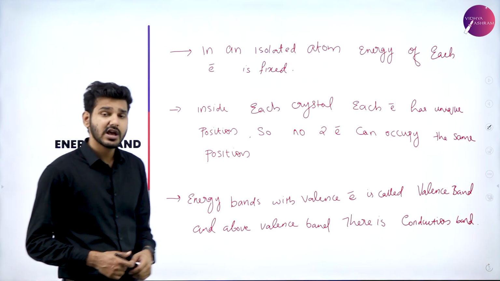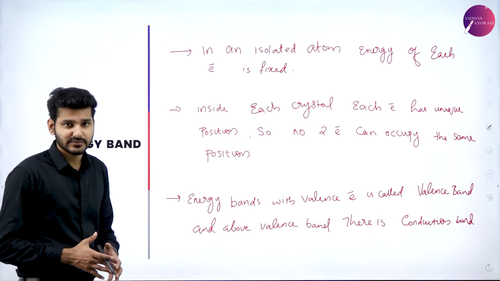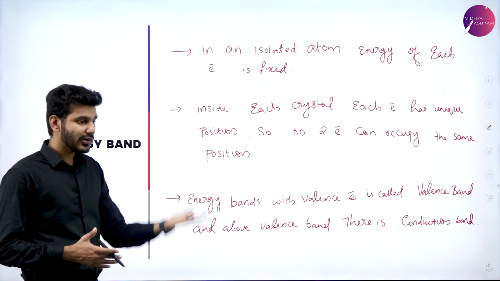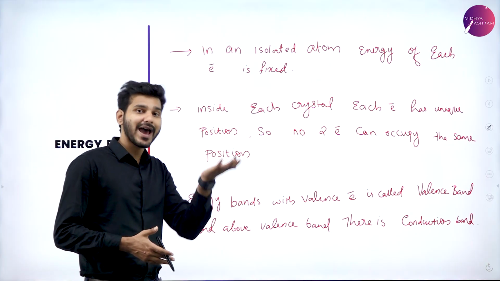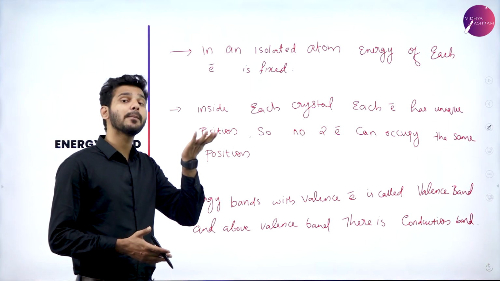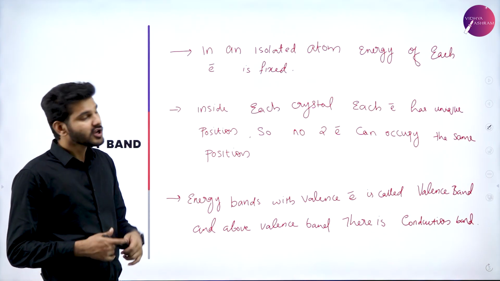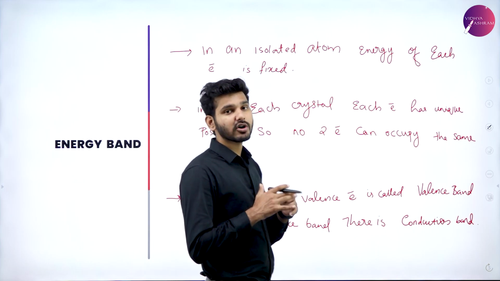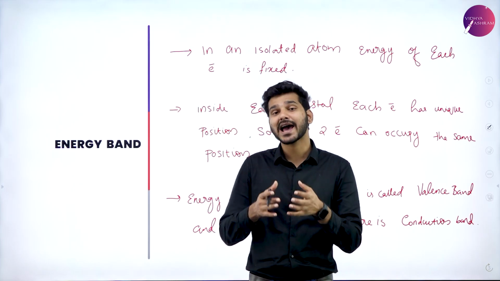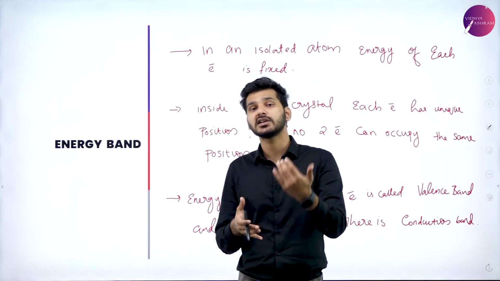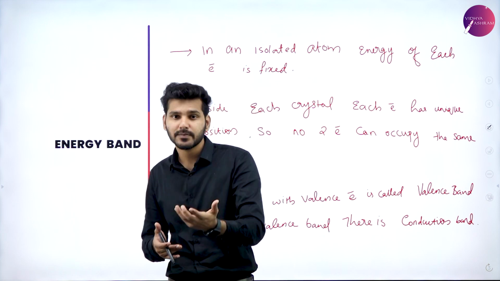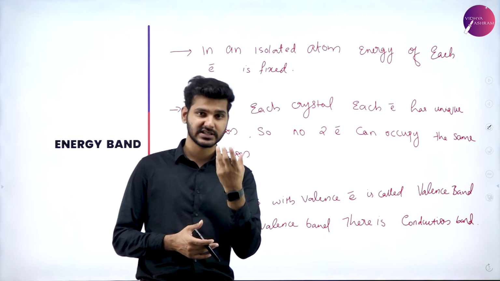And finally, this particular energy band is categorized into the low level energy band, then the valence level energy band, and just above the valence band there is the conduction band. This concept of an energy band is there to help us understand how electrons help in conduction of electricity.